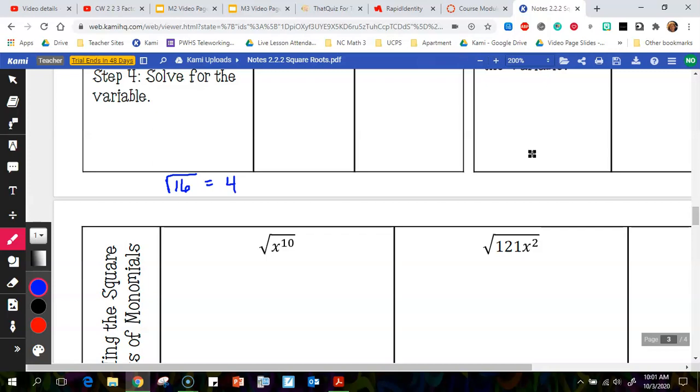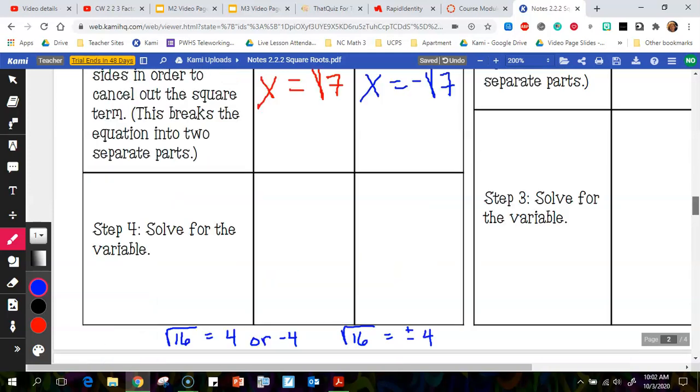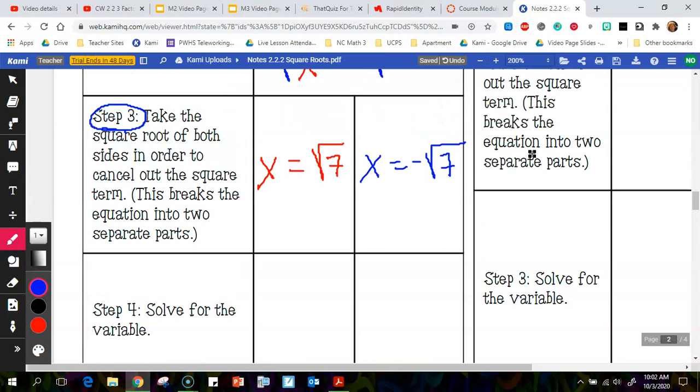Well, 4 is the square root of 16. We always think about that. But what about negative 4? Well, negative 4 times negative 4 is also positive 16. So the square root of 16 is 4 or negative 4. So the way we write that is we write a plus or minus like that. Okay, so we would do the same thing with the square root of 7.